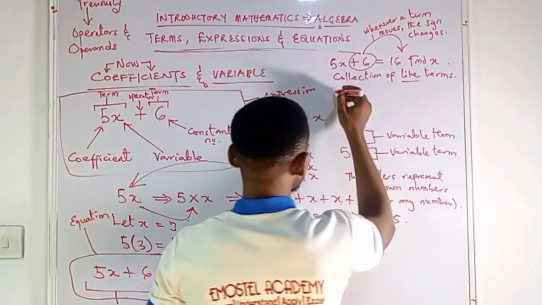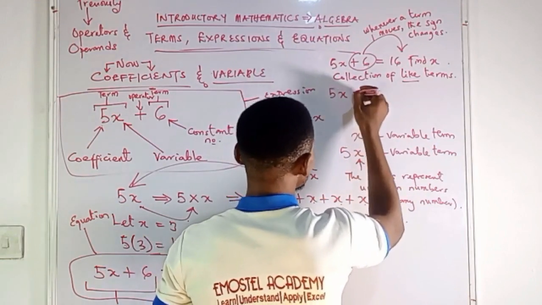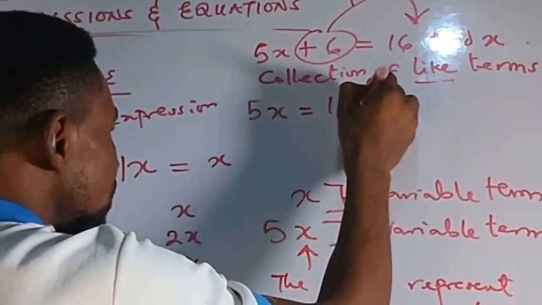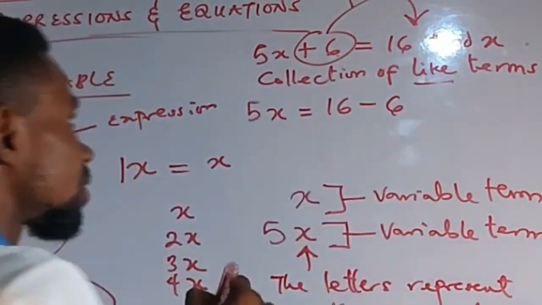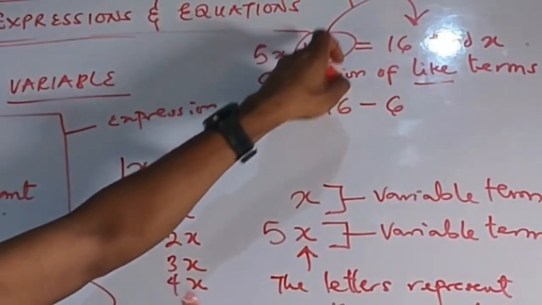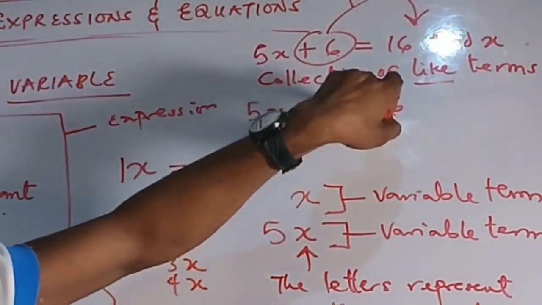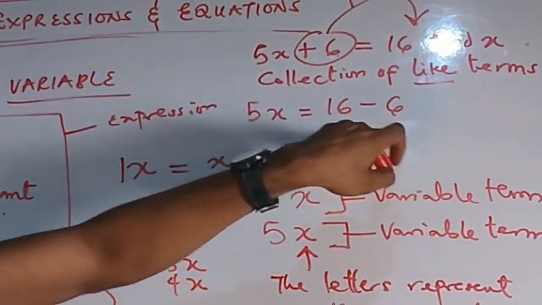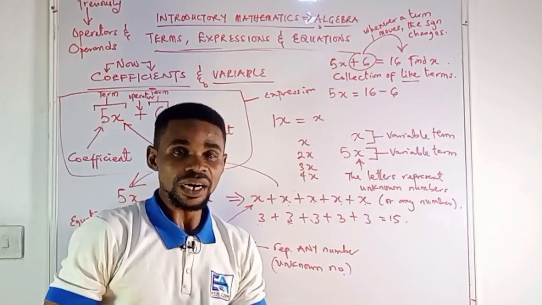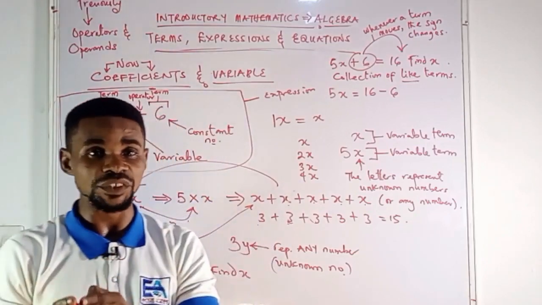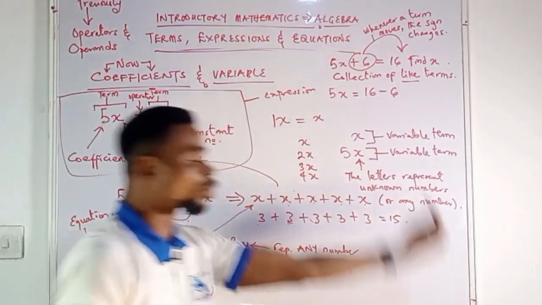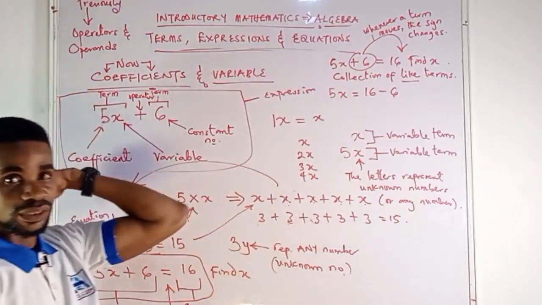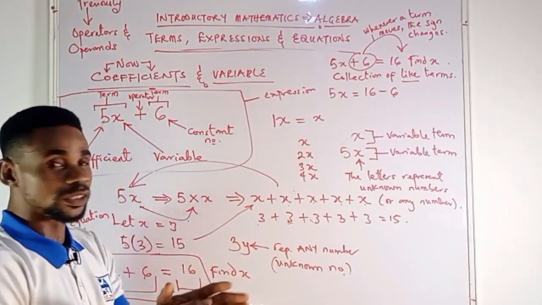So we are going to rewrite this as 5x is equal to 16 minus 6, because the plus 6 moves to the other side to become minus 6. If it doesn't happen that way, we are not going to get the correct answer. And remember, I told you towards the end of the last video that when we move in the opposite direction, the operation will change.